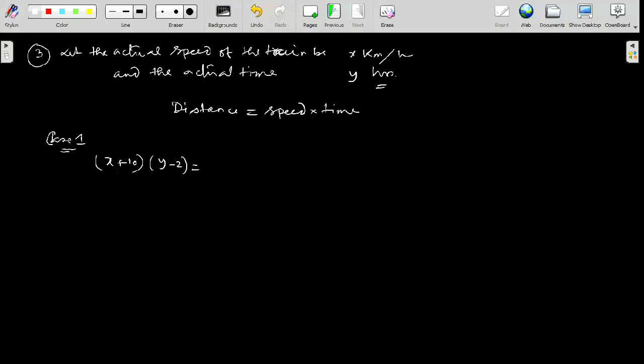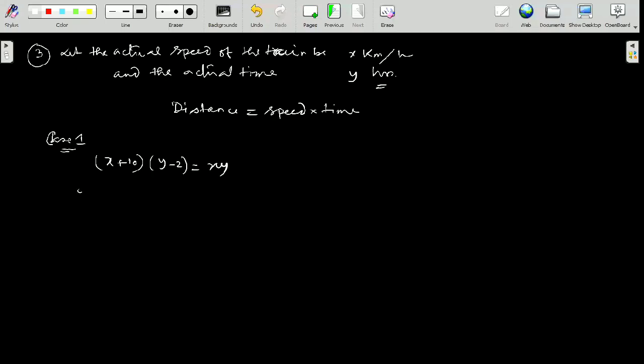So y minus 2 into x plus 10, this is the speed into time, and will be equal to distance. Now on the other hand, x kmph was the actual speed and y is the actual time. So xy. So xy is equal to x plus 10 into y minus 2.